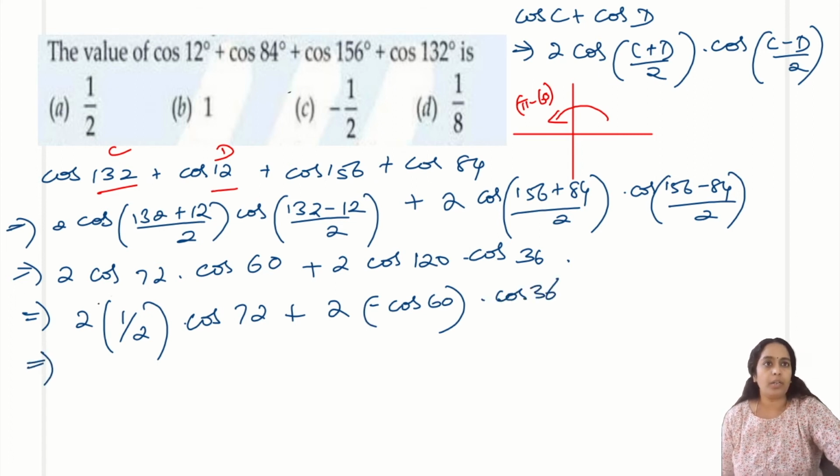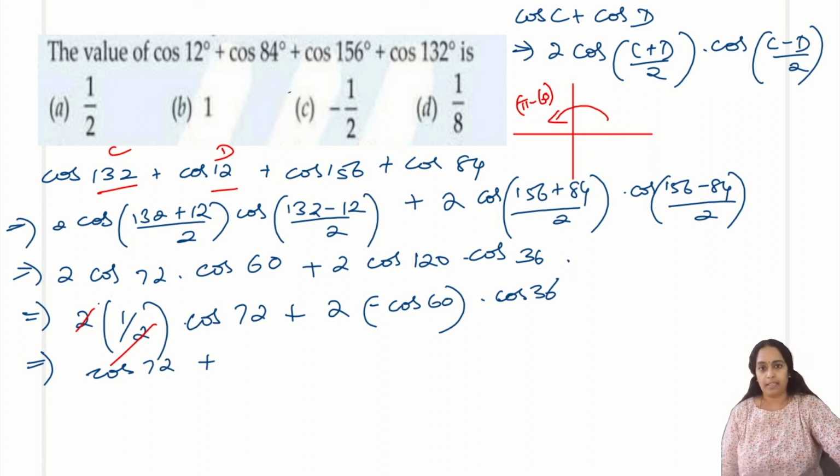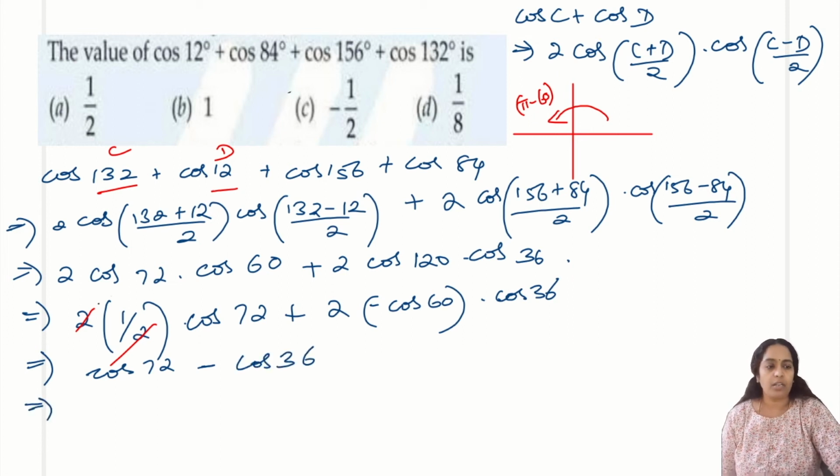So here 2 and 1 by 2 gets cancelled. So I have cos 72 plus cos 60 is minus half. Cos 60 is plus half and I have a minus sign outside. So I will be having here minus 2 into 1 by 2. So 2 and 2 gets cancelled. So minus cos 36 I have. Cos 72 is nothing but, with complementary angles, if you take sine, sine 18. So sine 18 minus cos 36.